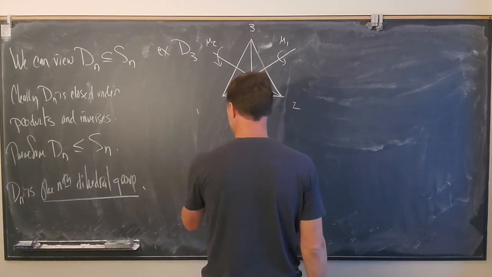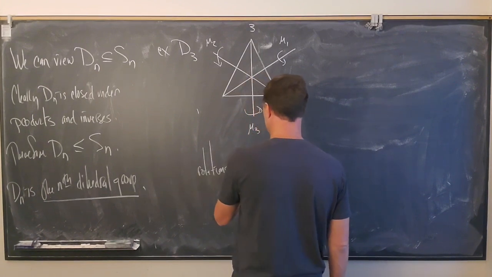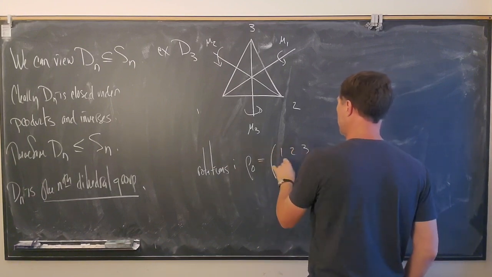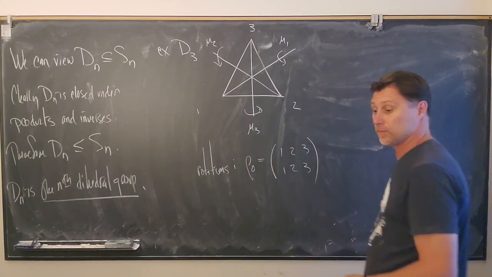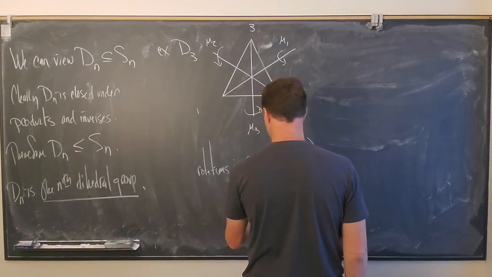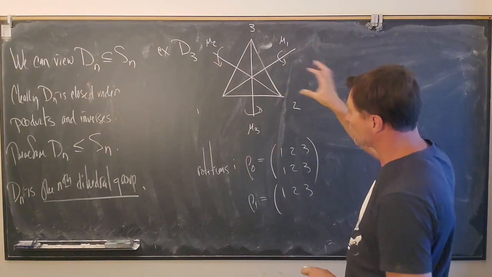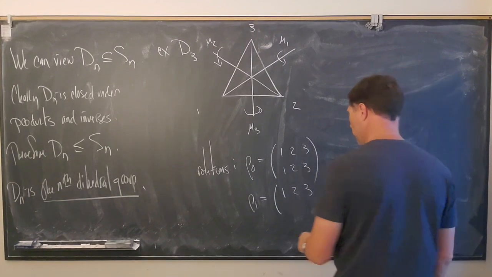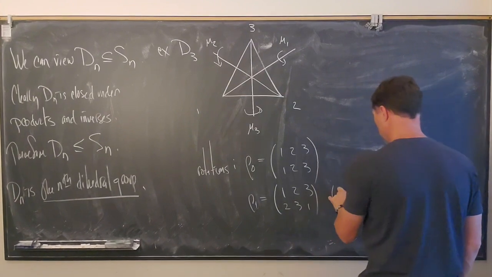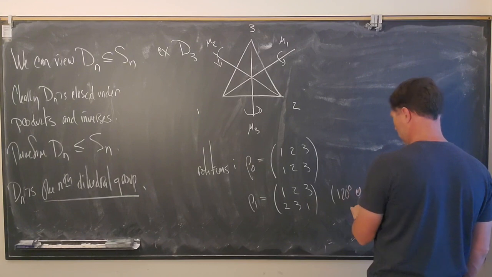So let's write down who each of the elements are. We've got the rotations. Rho 0, that's the 0 degree rotation. That will be 1, 2, 3 to 1, 2, 3. That's the identity. And then rho 1 is the counterclockwise rotation through 120 degrees. So that will be 2, 3, 1.